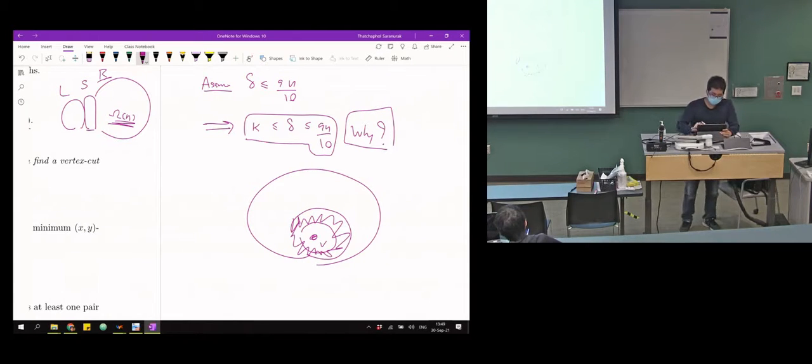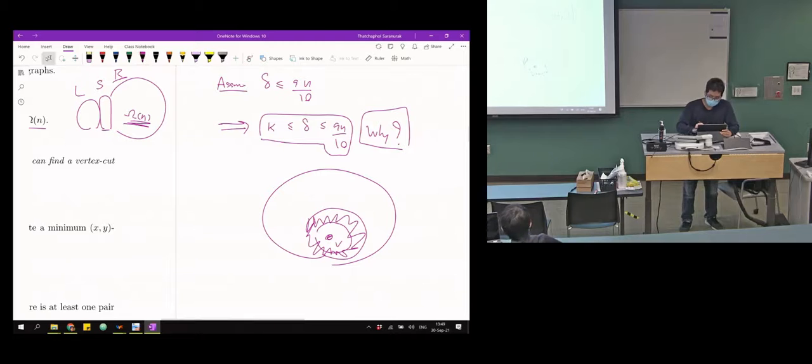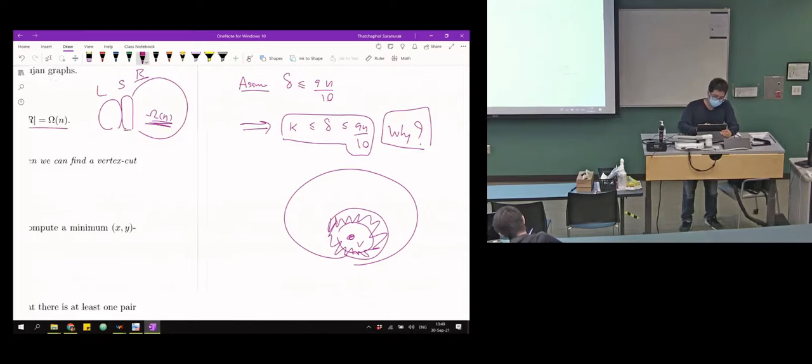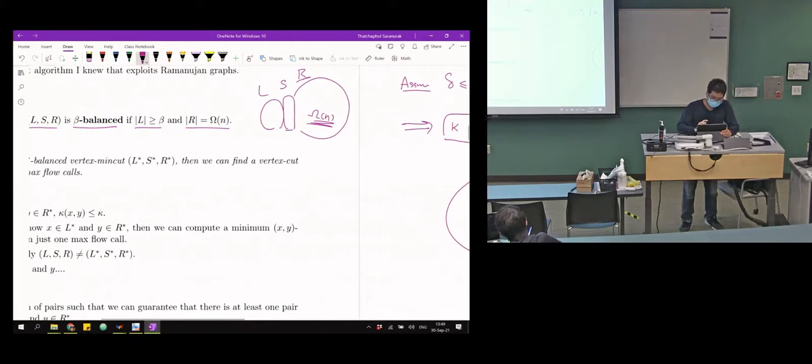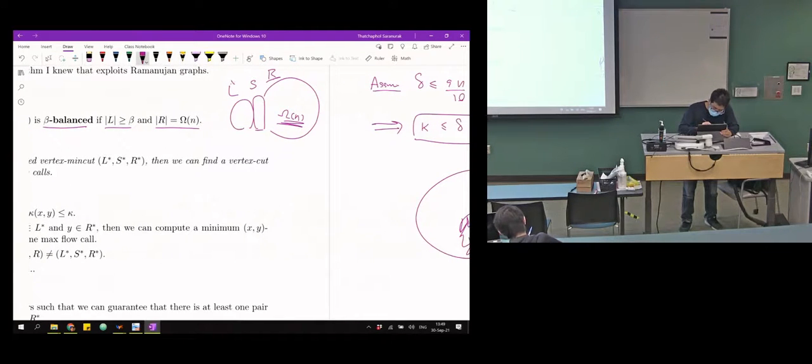Okay. So we know also that the size of the minimum vertex cut here, let's say L star, S star, R star, if this is a minimum vertex cut, is less than this.